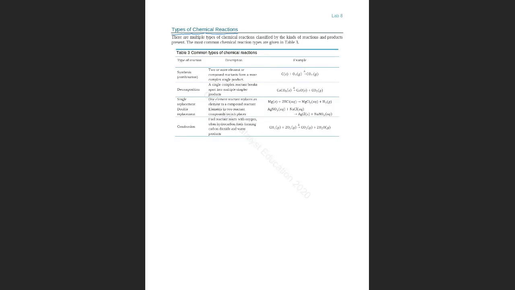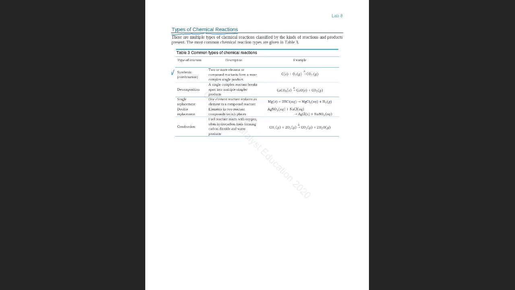The first one in this table says synthesis or combination. How are you going to know when you see the balanced chemical equation that it's a combination? Combinations are one of the easiest reactions to identify because only one product is formed.